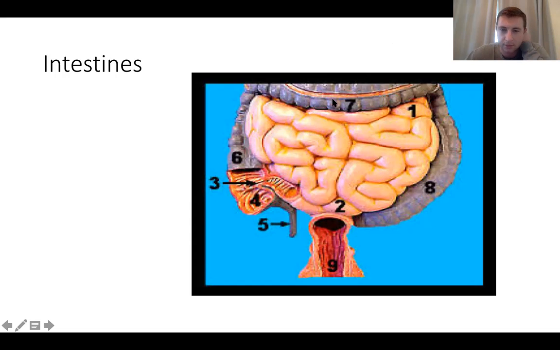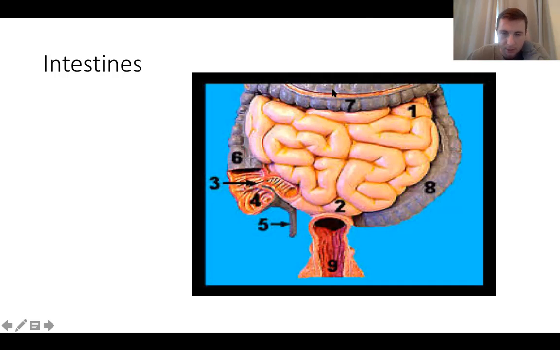The stomach empties in this portion right here, and it's going to go all throughout the small intestine that's wrapped up very nicely. It's going to travel through this sphincter right here, or this valve, and it's going to enter your large intestine right here. Once it enters your large intestine, all this is controlled by smooth muscle, so it's involuntary.